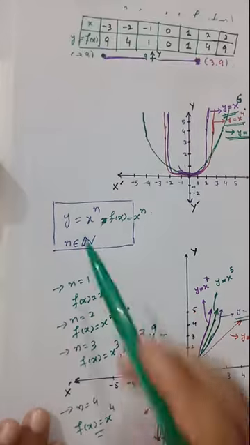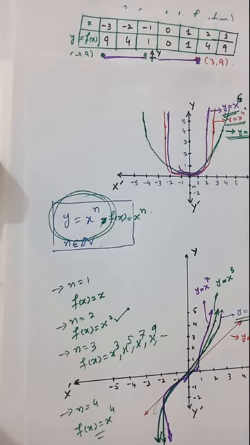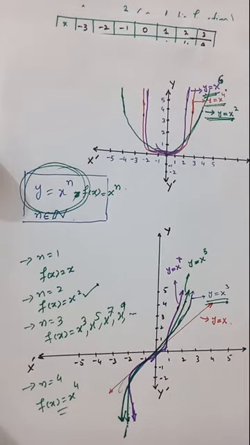So these are the graphs of y = x^n. From this you can get an idea of how to draw the graphs of the different functions y = x, y = x^2, y = x^3, and so on.